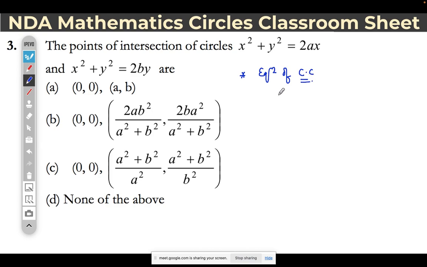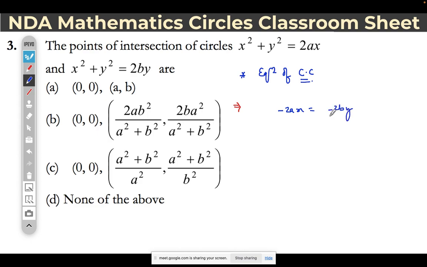How do you find the equation of CC? Equation 1 minus equation 2. Put it, get me the equation of CC, common chord. So you will say, sir, equation 1 minus equation 2 gives 2ax equal to 2by.